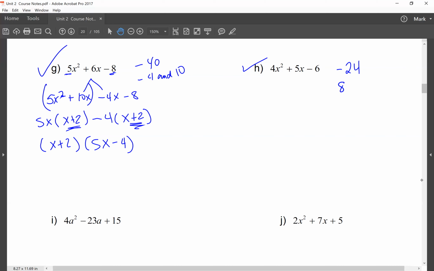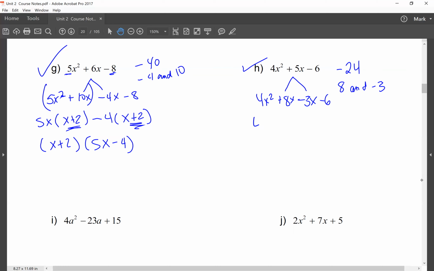So we could have 8 and negative 3. 8 times negative 3 is negative 24. 8 plus negative 3 is, of course, a 5. Okay, so split the middle term here. 4x squared plus 8x minus 3x minus 6. Again, doesn't matter which order I put them in.